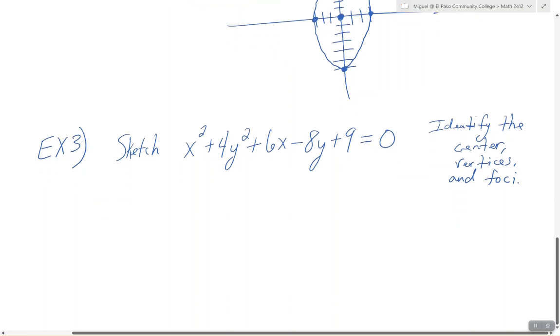So I'm going to start by moving my x squared here with the 6x, leave a space so we can complete the square, and then the y terms, 4y squared minus 8y, leave a space, and then the constant of plus 9, move that to the right side, so it's going to be minus 9 now.